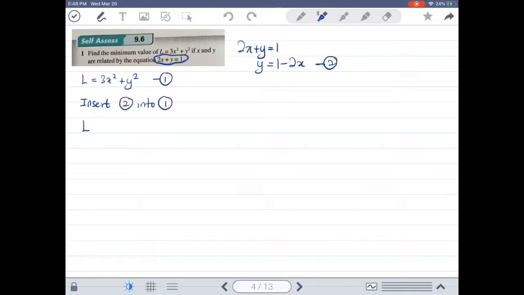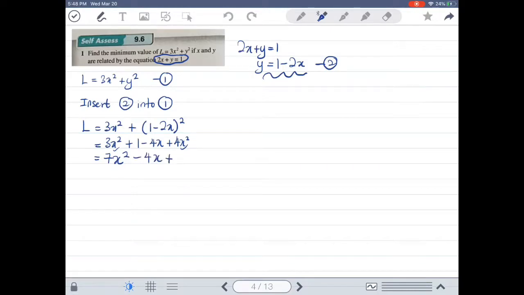So we have L equals 3x squared plus y, which is just (1 minus 2x) to the power of 2, and we expand and simplify. So we should get 3x squared plus 1 minus 4x plus 4x squared. So simplify the like terms. 3x squared and 4x squared should get 7x squared minus 4x plus 1.